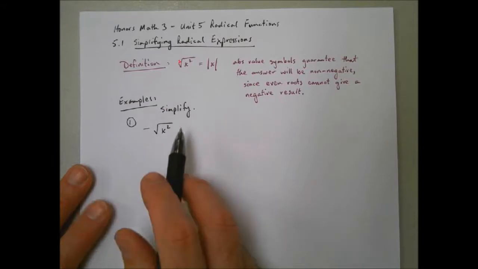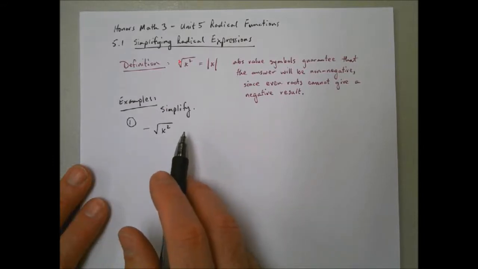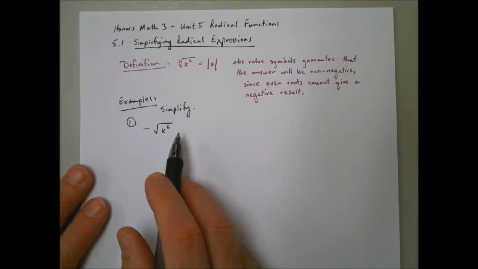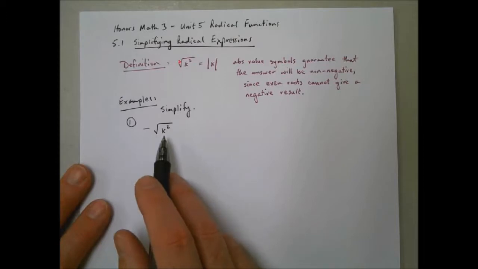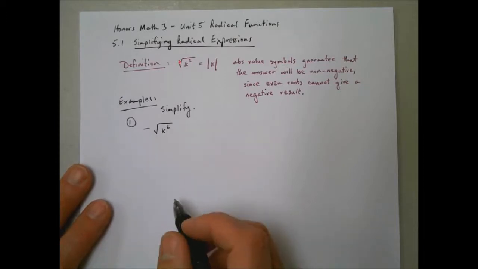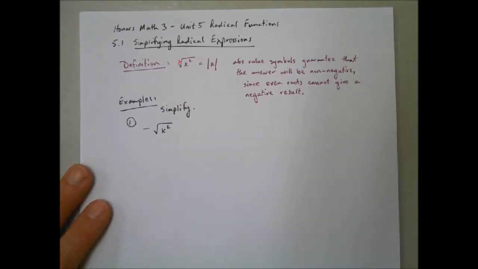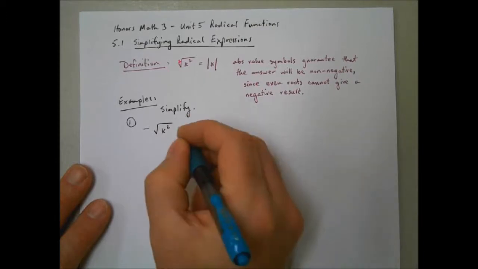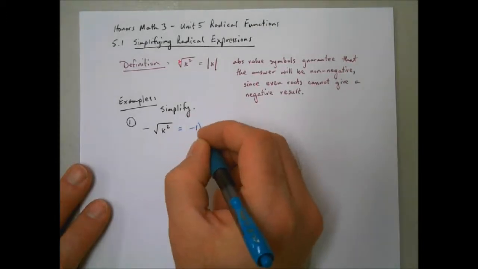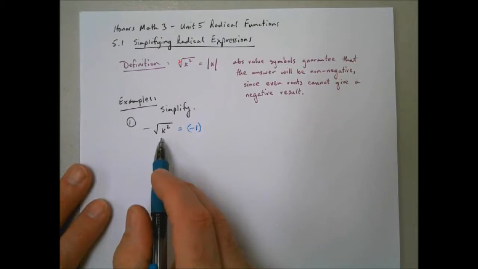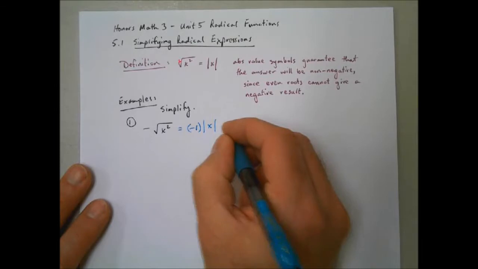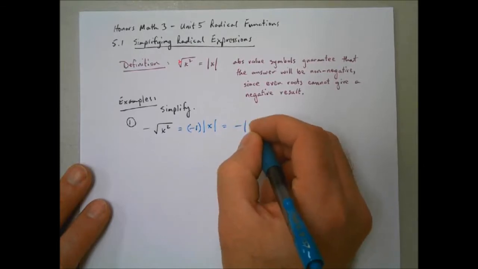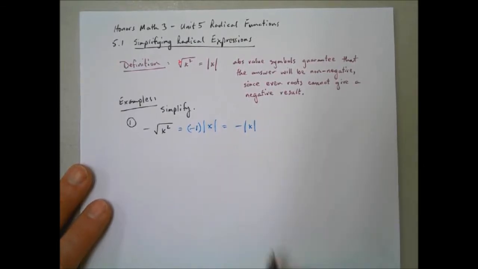Okay, so some examples. And really what we're doing today is we're simplifying radical expressions. Let's say we have this, which is really -1 times the square root of x squared. This is going to be -1 times whatever the square root of x squared is. Of course, the square root of x squared is the absolute value of x, and so this is the opposite of the absolute value of x.